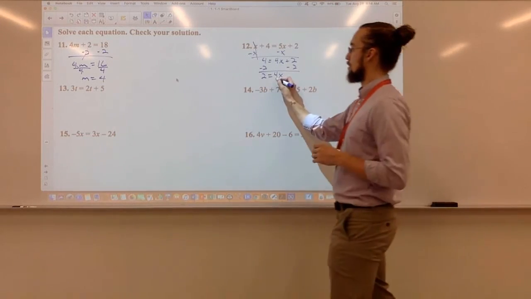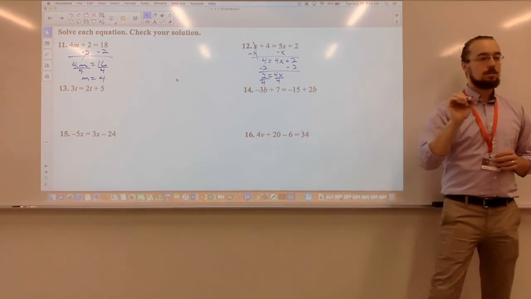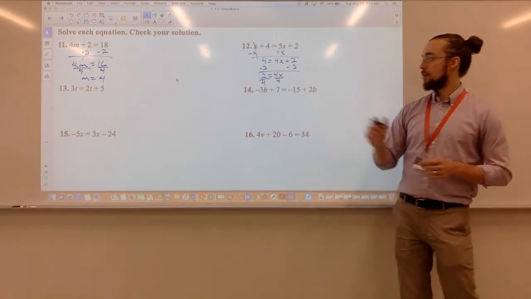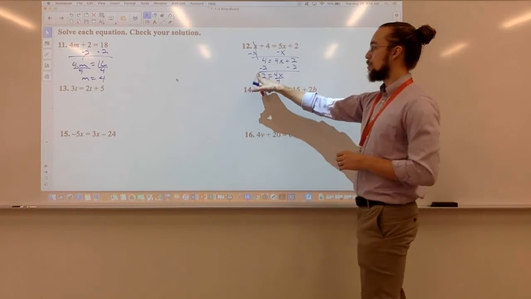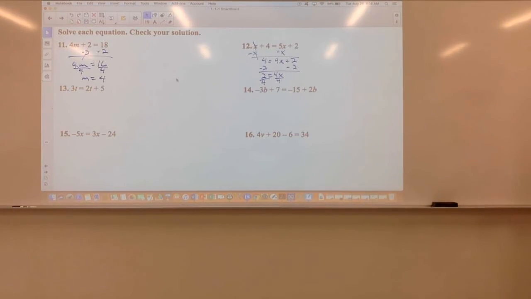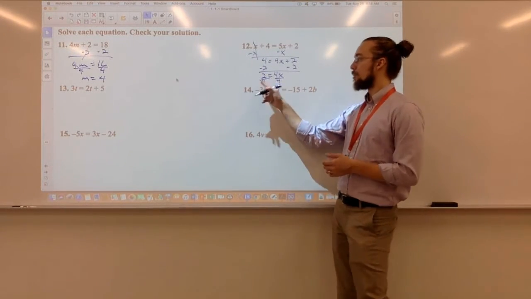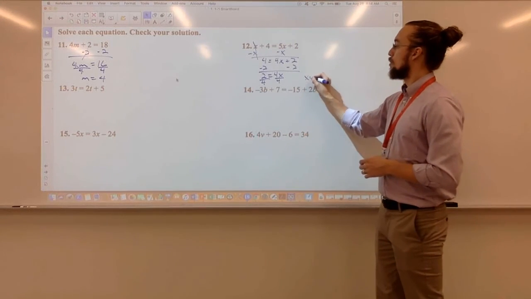Then divide both sides by 4. What's my answer? 1/2, right? This 2 divided by 4, we can think of it as a fraction, 2/4 that reduces to 1/2, or you can put that into a calculator, and 2 divided by 4 is 0.5 or 1/2.